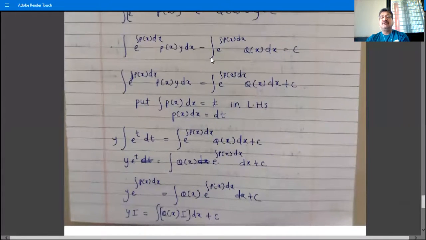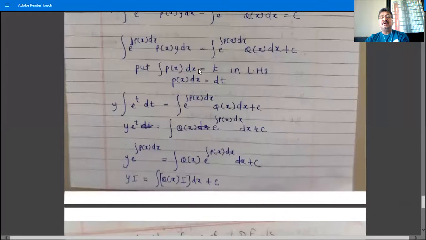Shift this negative quantity to the right-hand side. To solve this integration on the left-hand side, we use substitution: substitute integration P dx equal to t.